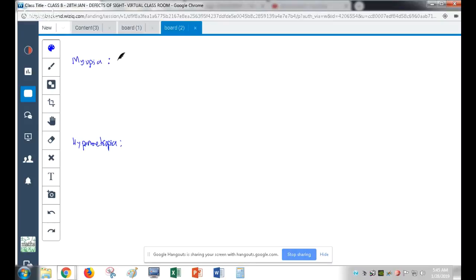Another name for myopia is short-sightedness, and the other name for hypermetropia is long-sightedness. So why short-sightedness?